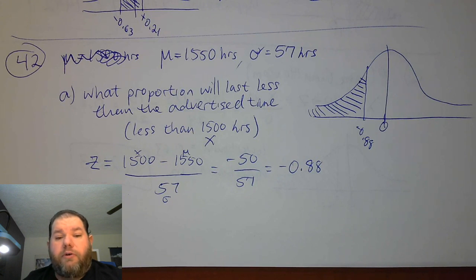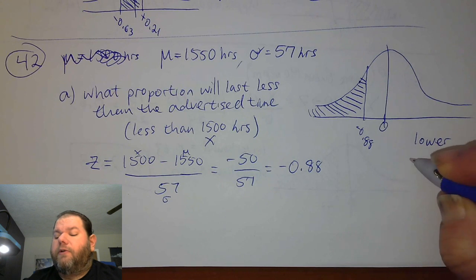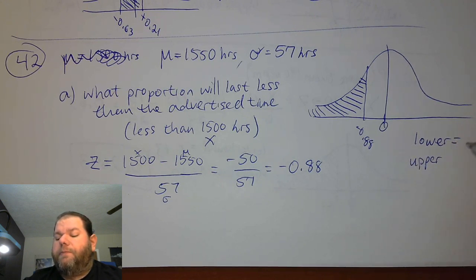So this is what we're working with, and we look at this and we see, okay, what is the lower bound and what is the upper bound? What can we use for the lower bound here?